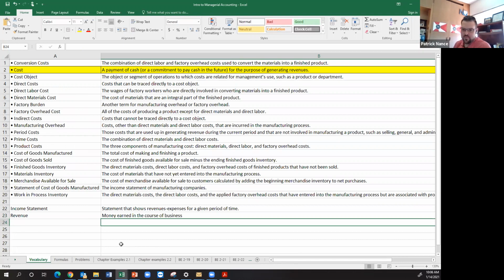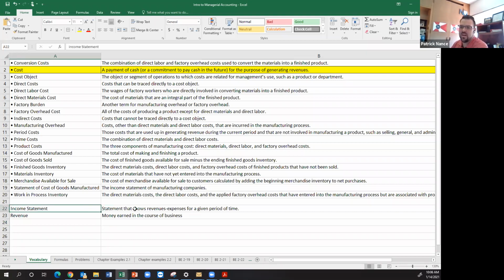For a law firm, this would be legal services. For an airline company, this would be fees to fly on the airplane. For a concert company, this would be the ticket sales. So it's all the money coming in. It is not equal to profit, which is a common misconception. Profit really is another name for net income. Profit is after my expenses, revenues minus expenses, but revenue is all the money that's actually generated and coming in.